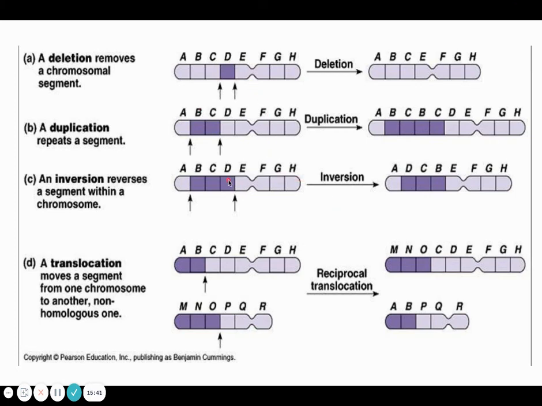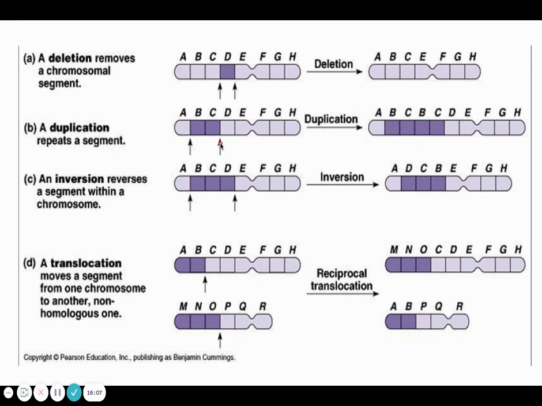So I love this graphic because it's really helpful in seeing all of these. So deletion, you can see this one part of the chromosome here is just deleted. So again, this is not as detrimental as maybe a non-disjunction would be. In duplication, you can see this section of DNA here just got repeated over here.